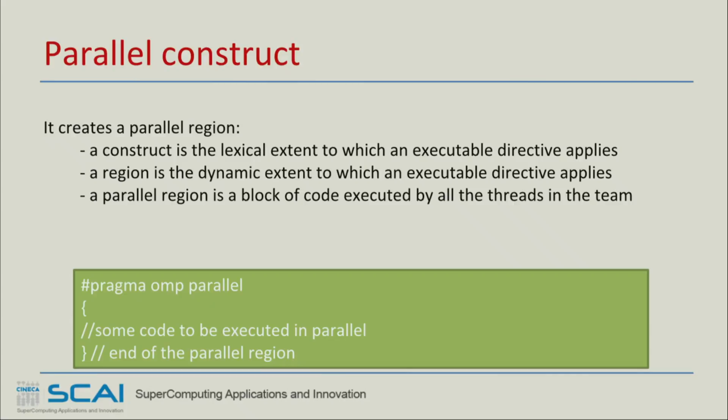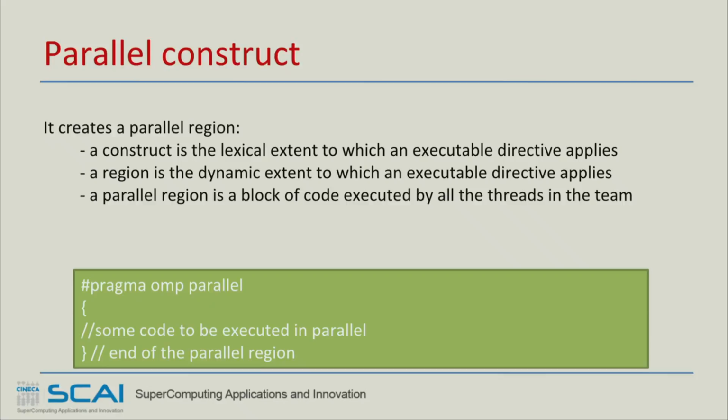Okay, let's start with some practical things. So we understood that we start our execution in serial, and then at a given point I can decide that I want to create a parallel region. There is the parallel construct. It's the construct that is made like that. This is the prefix that you should use for the OpenMP directives.